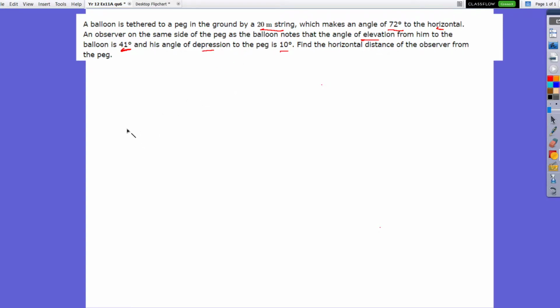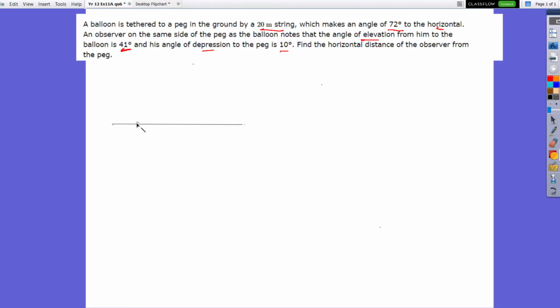First of all, let's just set the scene here with the horizontal. Let's go from there to there. So that's the horizontal ground, and this balloon is pegged here, about there, and let's just say the balloon's about here.